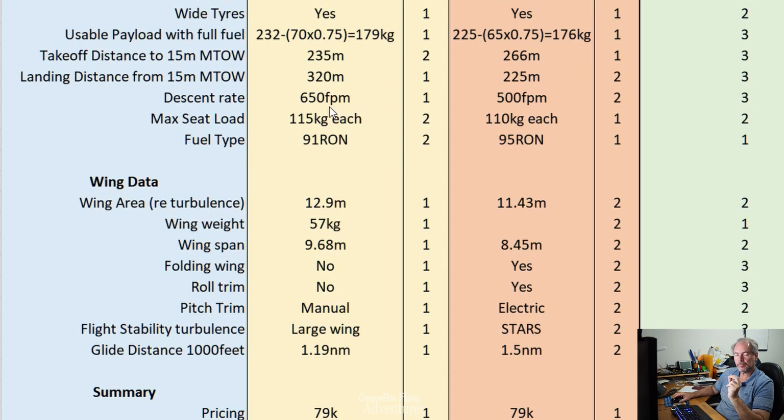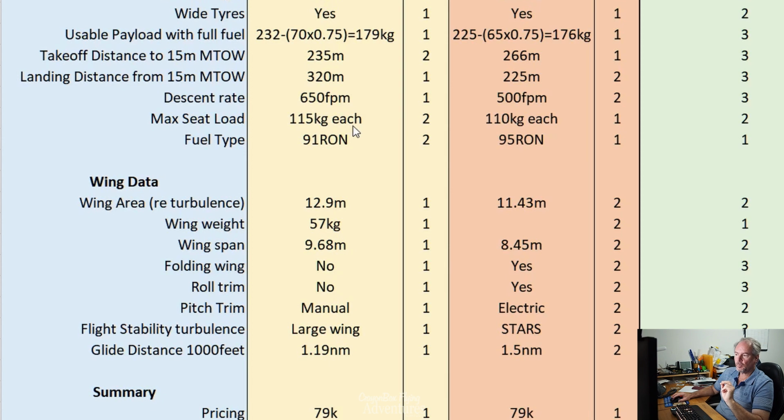Descent rate. So glide descent rate, 650 feet per minute in the Airborne, 500 feet per minute in the P&M. The P&M is performing better there, gets the score. Maximum seat load, Airborne slightly better with 5 kilos more, so they get the score.